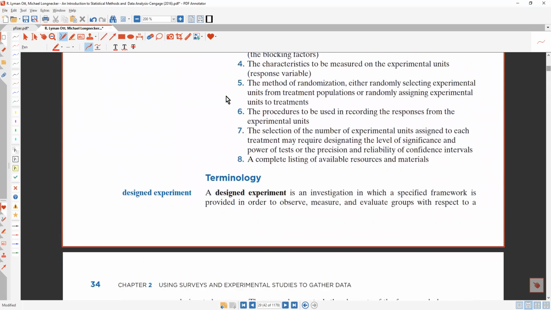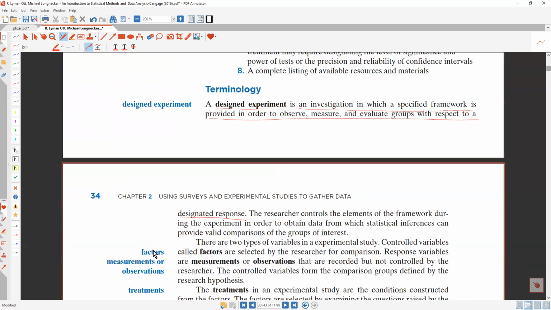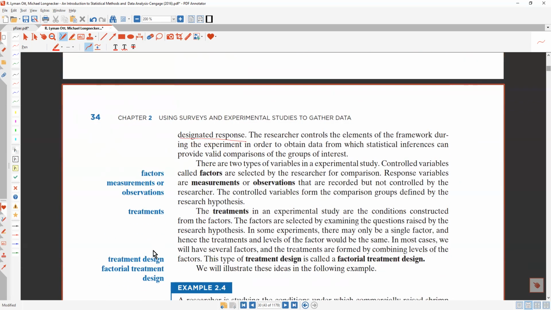experimental design. This is the key definition. The designed experiment is an investigation in which a specified framework is provided in order to observe, measure, and evaluate groups with respect to a designated response. And the key element here for the designed experiment is that it is the researcher who has control over the elements of the framework.